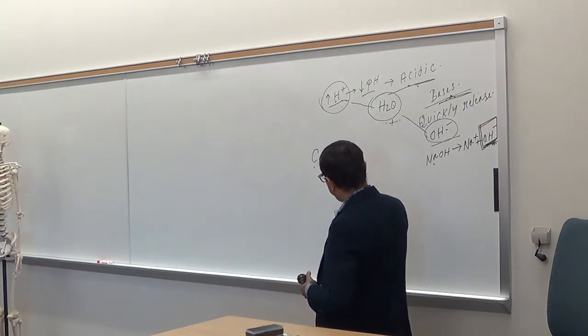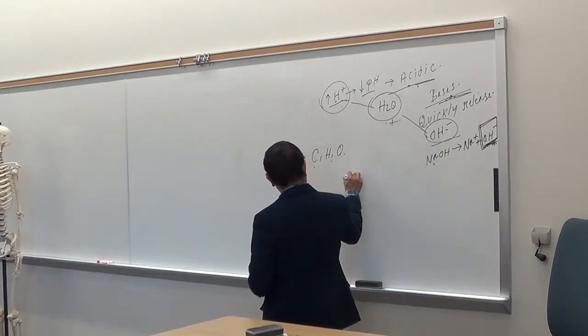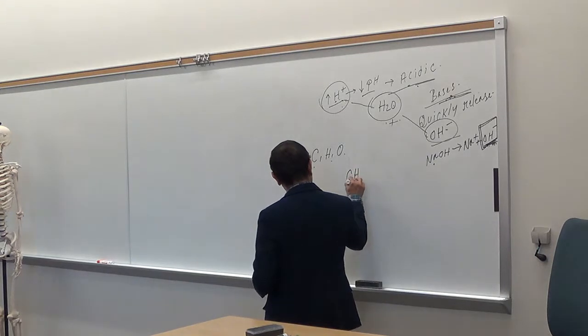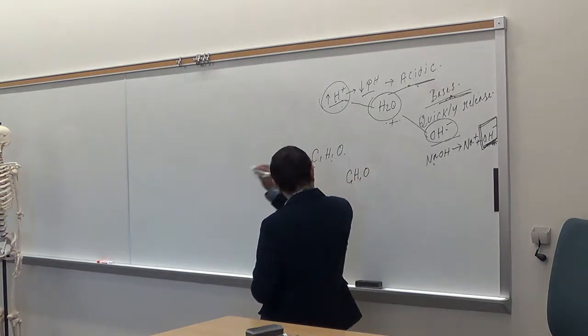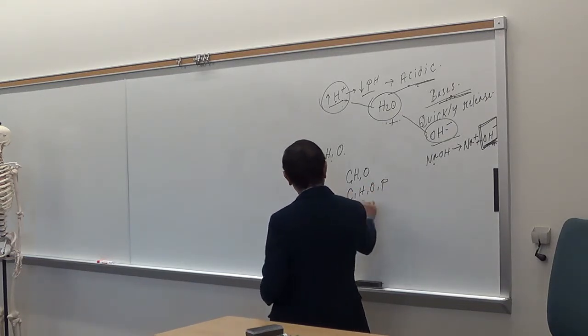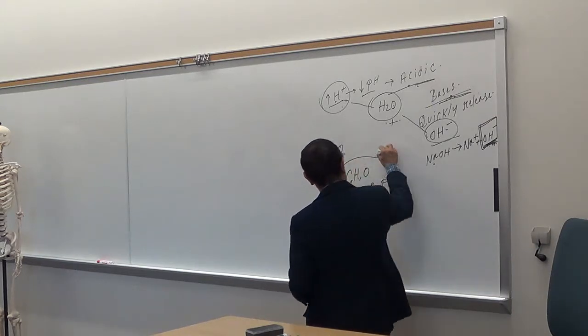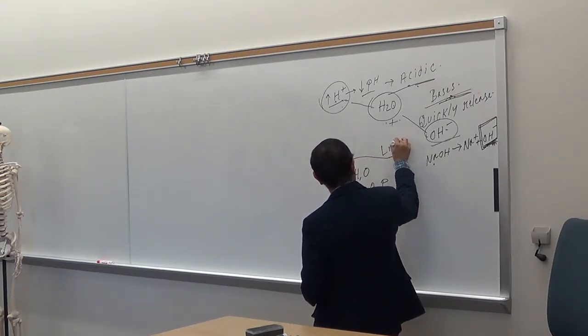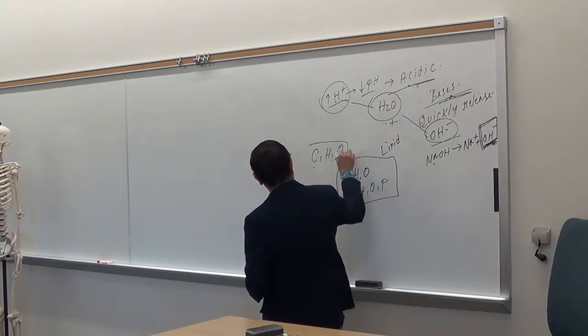If you see lipids or fats, it has CHO, or some lipids have CHO and P. So that is lipid or fat. This is carbohydrate.